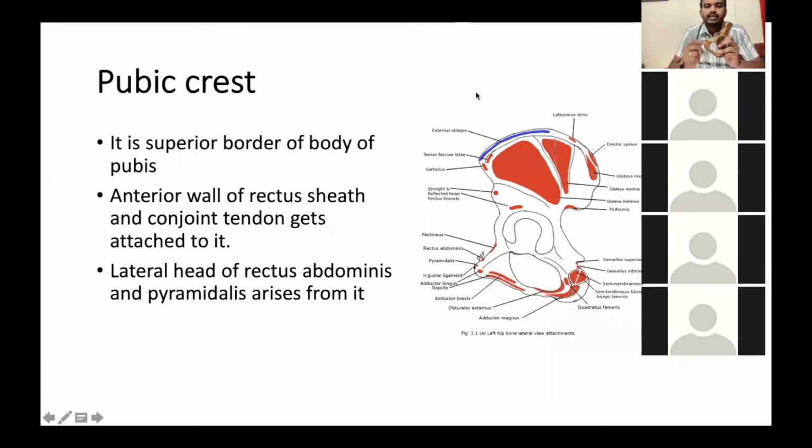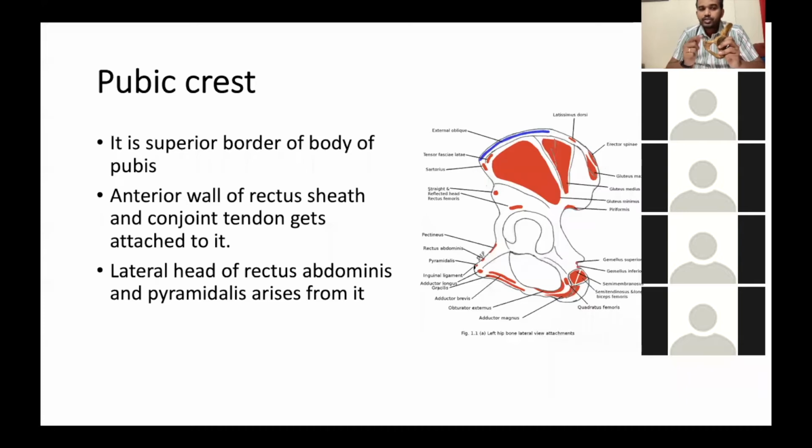And not only that, it also gives attachment to muscles like the lateral head of rectus abdominis and the pyramidalis. These are muscles we see in the anterior abdominal wall. These two muscles take origin from the pubic crest.